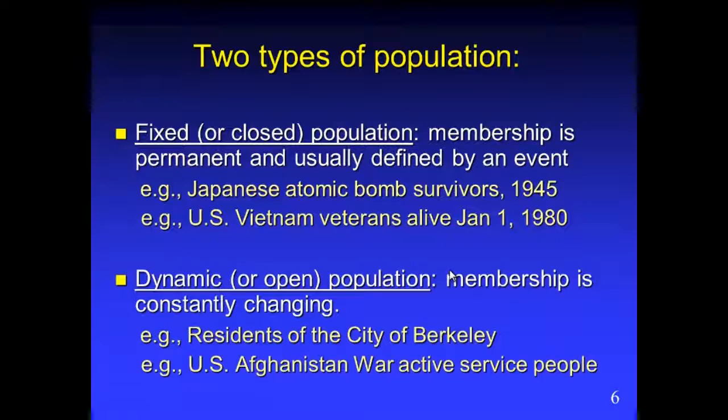Now, I should mention here that the terms fixed and closed population are used in slightly different contexts by some epidemiologists, but I think the distinctions are not important, and most people refer to them as fixed or closed in a synonymous way, and the same could be said to apply to dynamic and open populations. Certainly during this course I will use the terms interchangeably. You can think of dynamic and open as exactly the same.